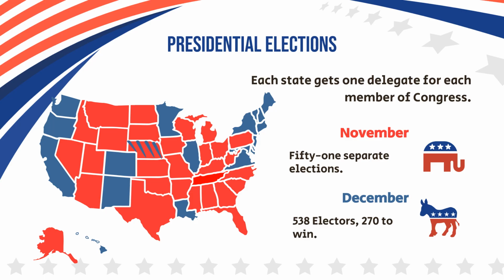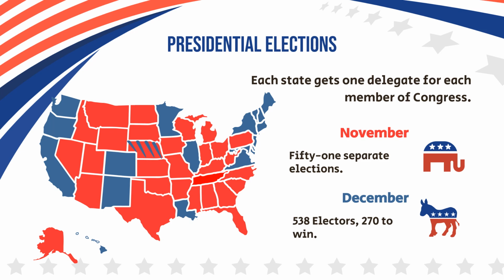Why? How does this work? Well, in general, understand that every state gets a certain number of electors, representatives in the Electoral College, who will ultimately select the president during the December phase of this process. The number of electors that each state receives is equal to its total delegation in Congress.